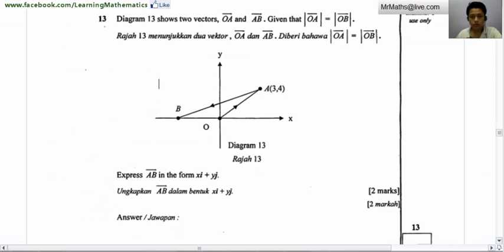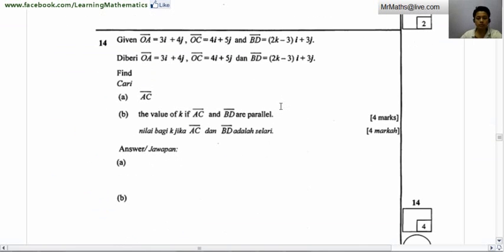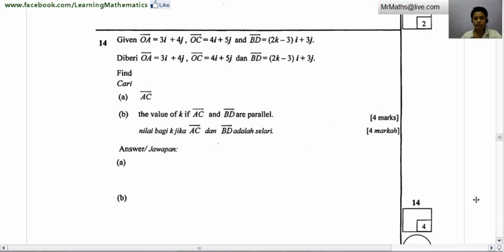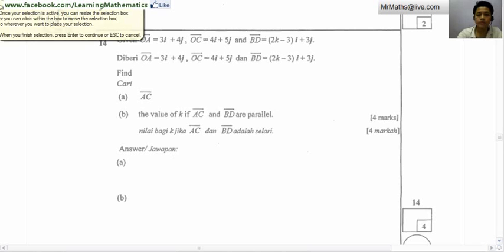Let's take a look at the next question. Question number 14 is still a vector question. Given OA is 3i plus 4j, OC and BD as such, find AC. Let's transfer this again to a new piece of paper.